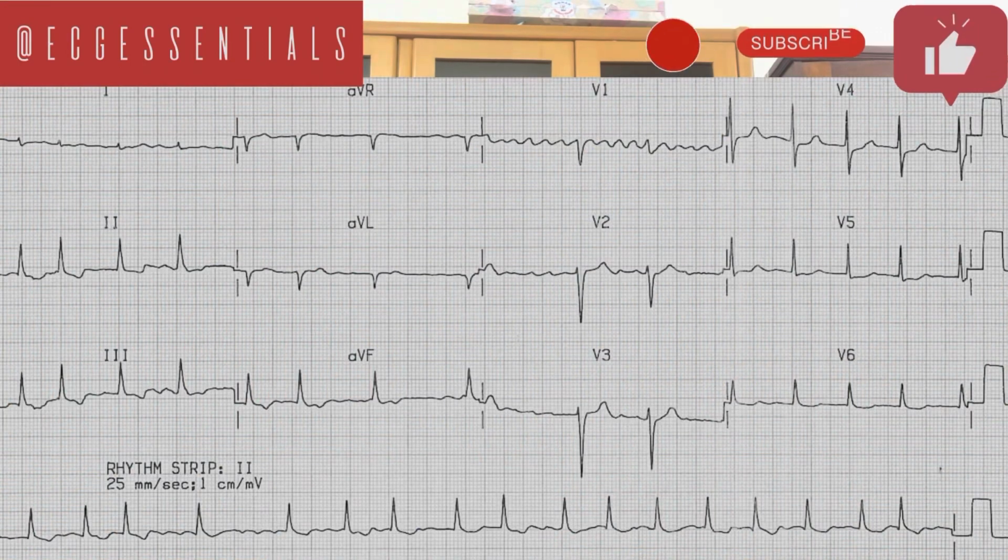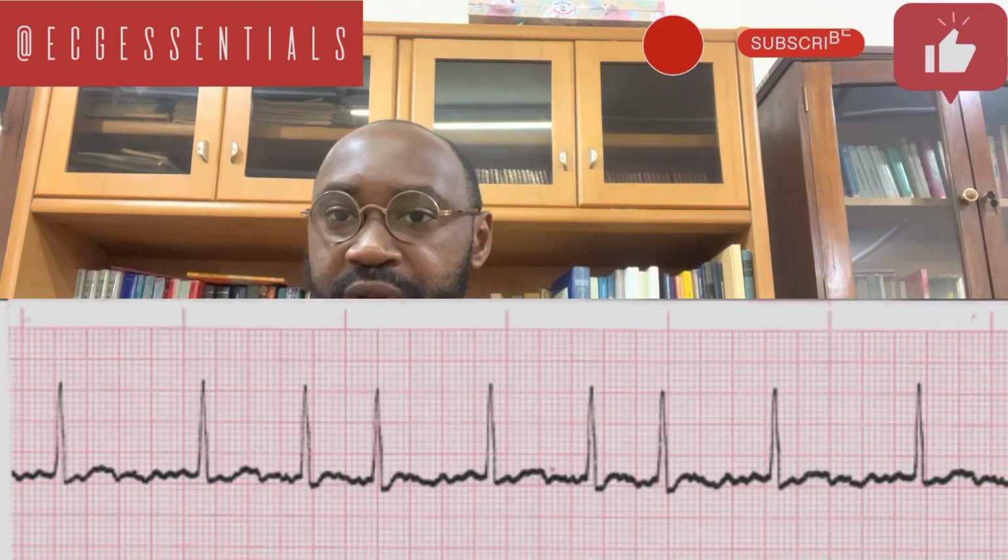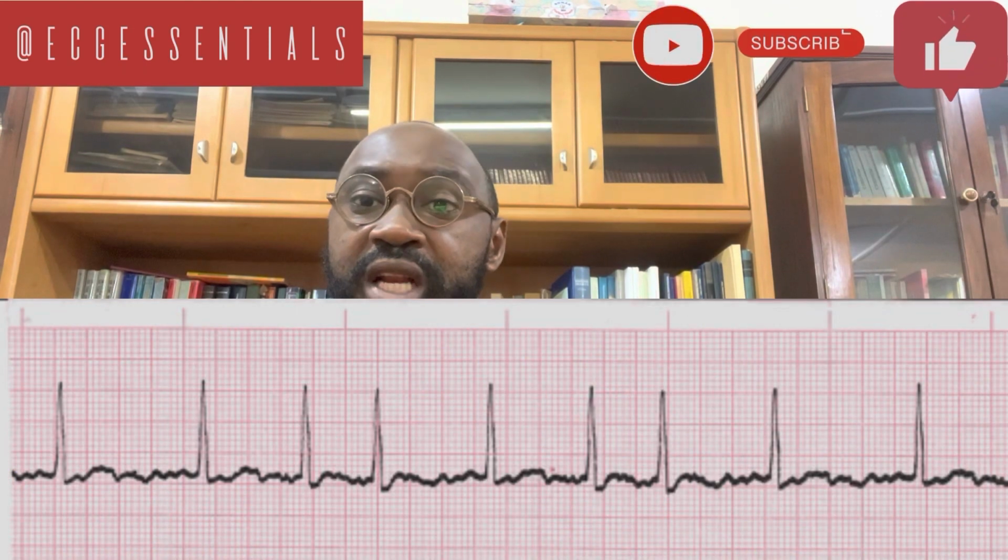And in looking at the P waves, if the P waves are absent, then we have said that a few things will be possible. For example, atrial fibrillation, sinus arrest, or sometimes you can even have atrial flutter. When the P waves are absent and we see fibrillatory waves in the isoelectric line, and the rhythm is irregular, then of course that will be a pointer to atrial fibrillation.